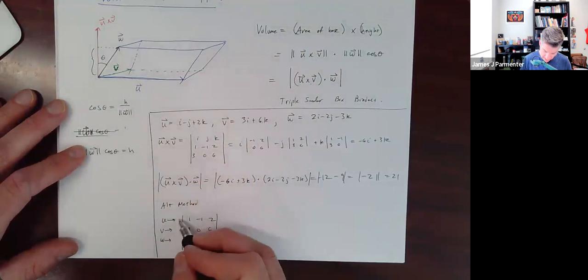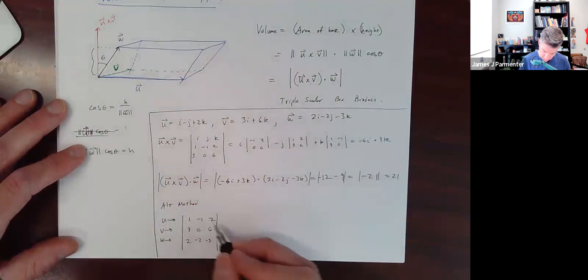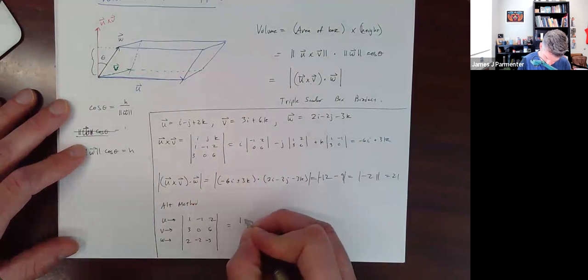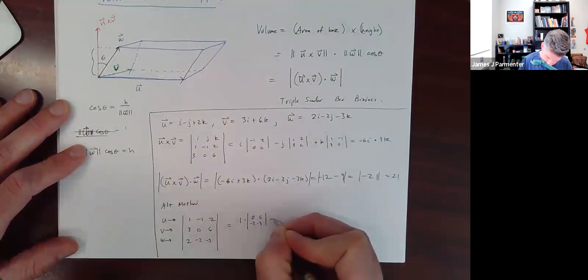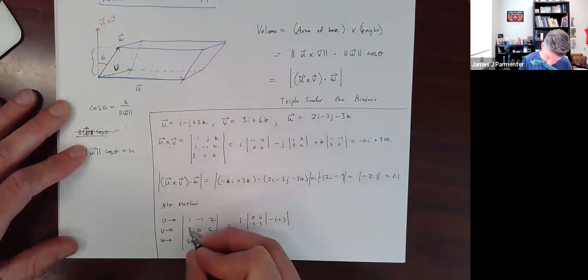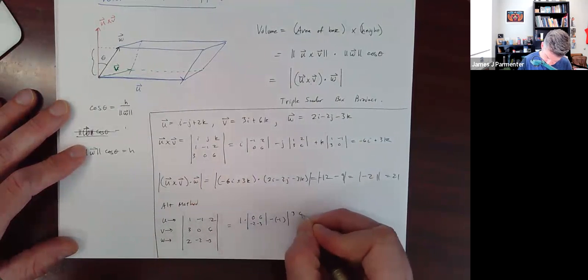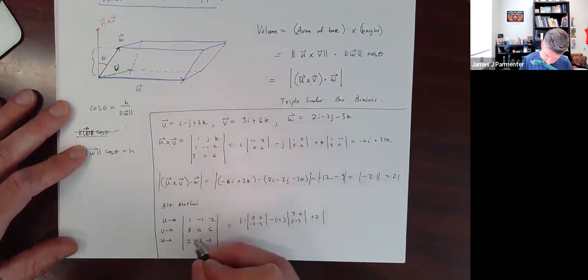So instead of I, J, and K, we're going to get 1, negative 1, 2. So we're going to get 1 times the determinant of 0, 6, negative 2, negative 3, minus 1 times the determinant of 3, 6, 2, negative 3, plus 2 times the determinant of 3, 0, 2, negative 2.